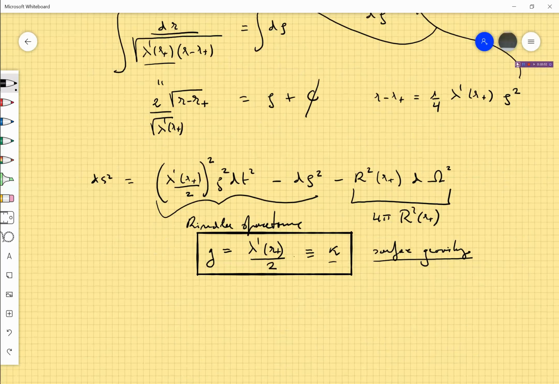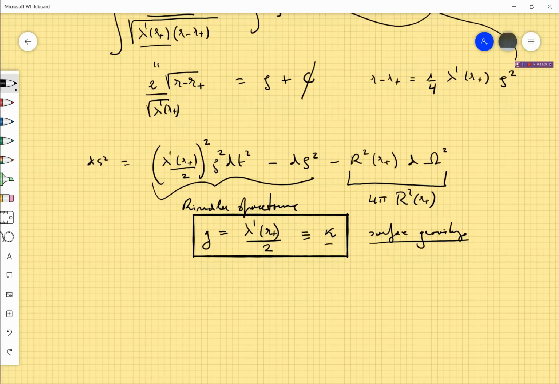Also that approximately the near horizon geometry of these black holes is Rindler space-time times a two-sphere. A difference with the near horizon limit of extremal black holes that we are going to study next, but that we also studied in the Reissner-Nordstrom case, Rindler times a two-sphere does not need to be a solution of the equations of motion. In general, it is not of the Einstein equations. Okay, still, it tells you what is the geometry near the horizon.